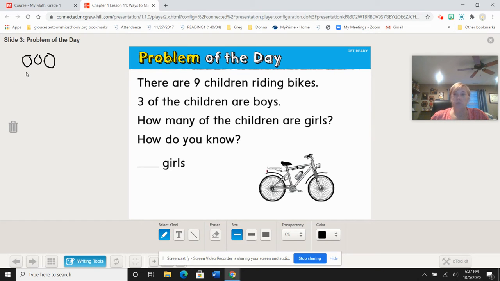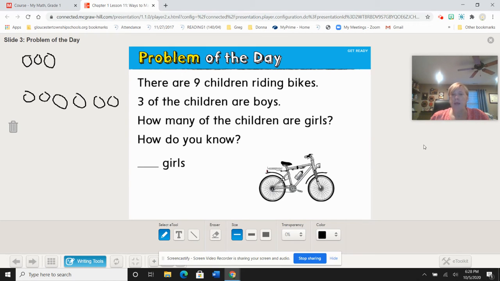So this is one way you could do it. You have 3 and you keep counting, count on until you reach 9. So we know this is 3. So 4, 5, 6, 7, 8, 9. All right, so these are the boys. Let's see how many are girls. 1, 2, 3, 4, 5, 6. Okay, so that's one way.